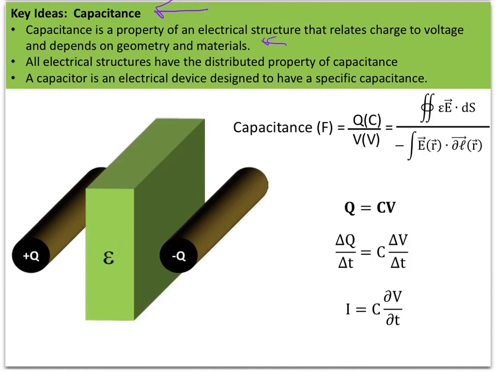So in general, if we have two conductors, one conductor over here that has a positive charge, a second conductor over here that has a negative charge, and maybe we have some dielectric or insulating material between them, the capacitance is going to depend on the specific geometry and types of materials we have in this structure. And we define the capacitance as the charge held by these two structures divided by the voltage.